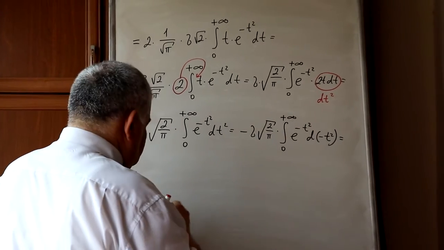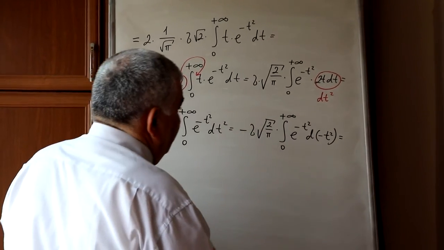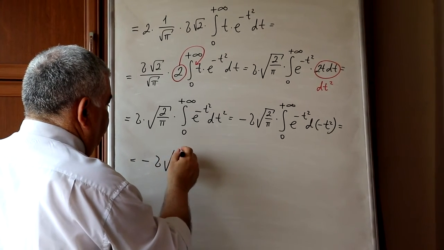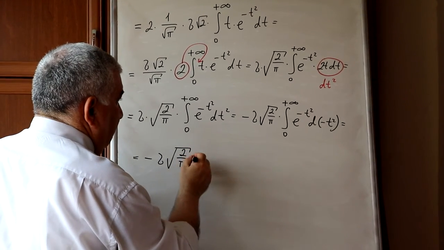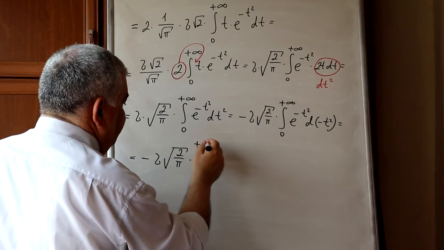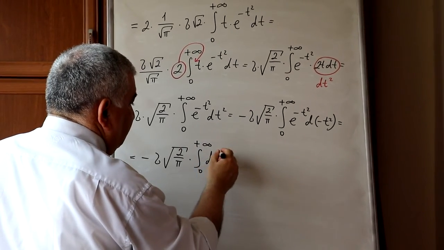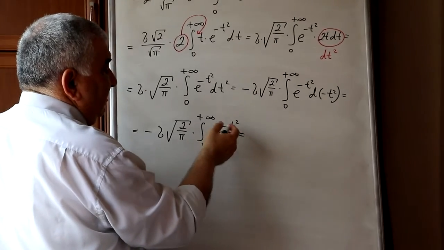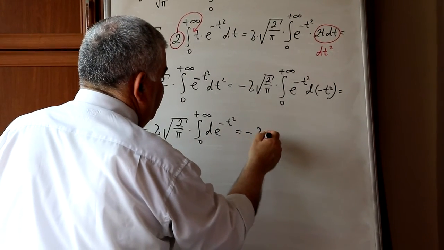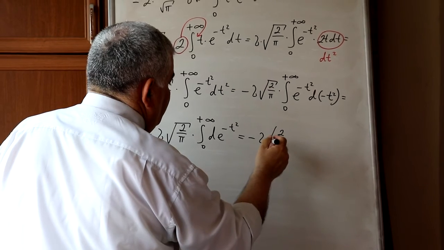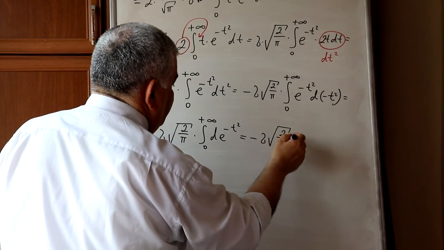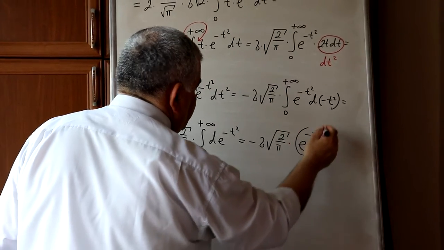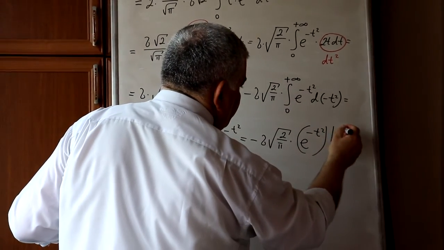Then this integral is d of e to minus t squared. Integral from 0 to plus infinity of d of e to minus t squared, and here antiderivative is e to minus t squared. Minus sigma multiplied by square root of 2 over pi multiplied by e to minus t squared with the double substitution from 0 to plus infinity.